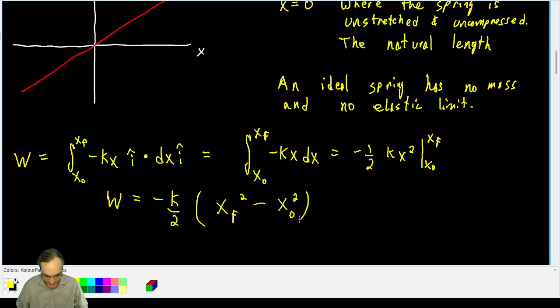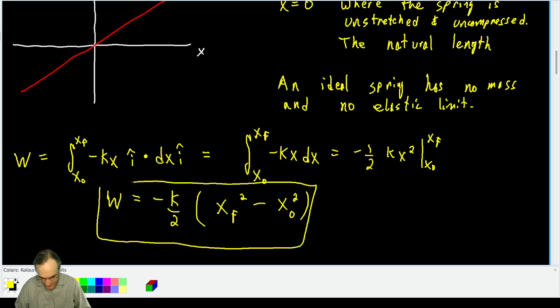In a later section, we'll talk about how we can use this fact to get the potential energy in stretching a spring, or compressing a spring for that matter. That is a quick, simple example, and we've covered 2 topics, work for variable forces and the spring force, at least a brief introduction to it.